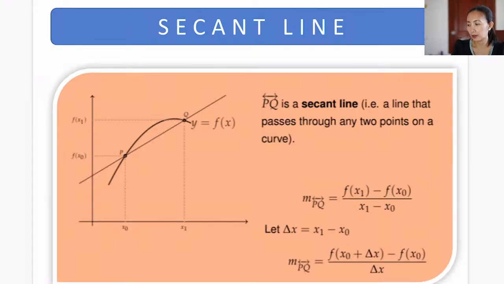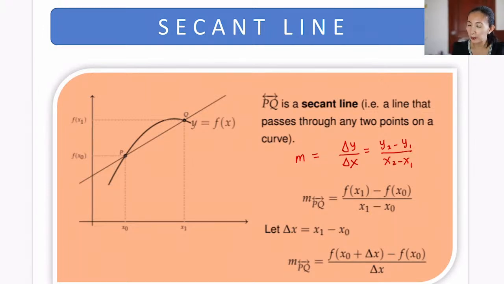Take note once again that m, which refers to slope, is equal to delta y over delta x, change in y over change in x, or y sub 2 minus y sub 1 all over x sub 2 minus x sub 1.